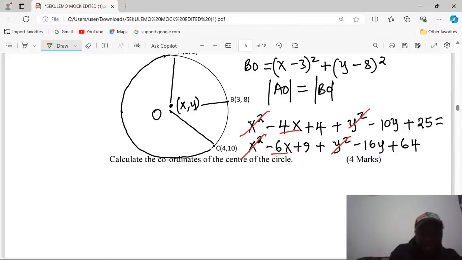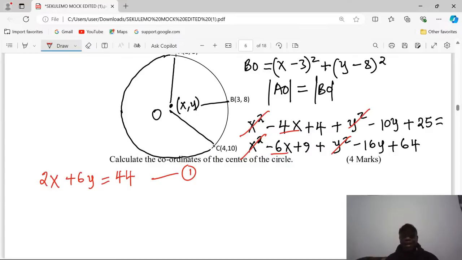Negative 4 plus 6, it becomes 2x. Then for y, I start with a negative 10y plus 16. It becomes positive 6y, is equal to, I'll be having 64 plus 9. Then I subtract 4 plus 25. I subtract 4 and 25, and I'm getting exactly 44. So this is one equation.